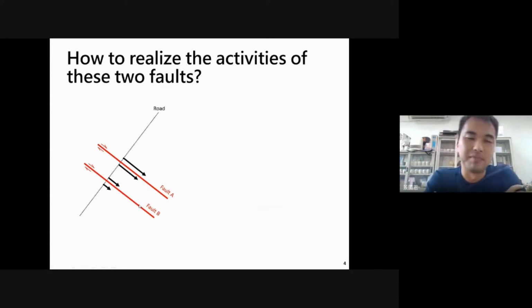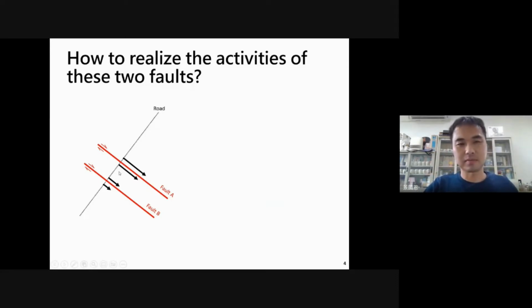Then many people will say, oh, these two faults are all active faults because they are moving, because both sides of the velocities are different. So whatever you get, the velocity from two GNSS sites, or from two pixels of the InSAR image.